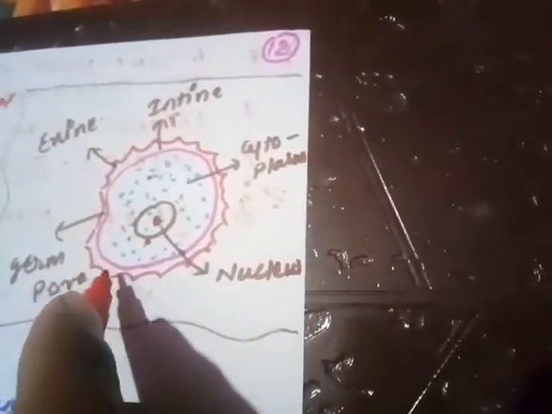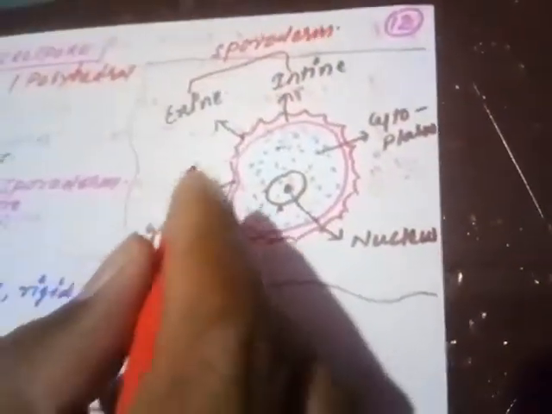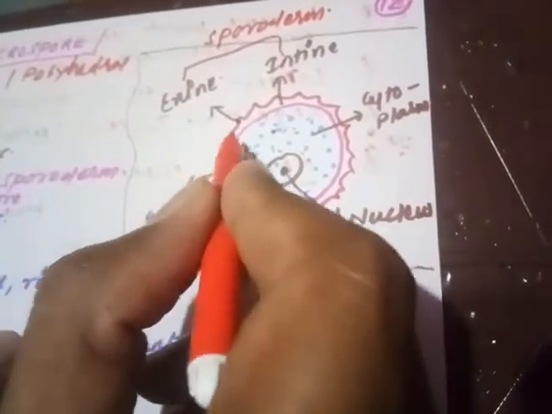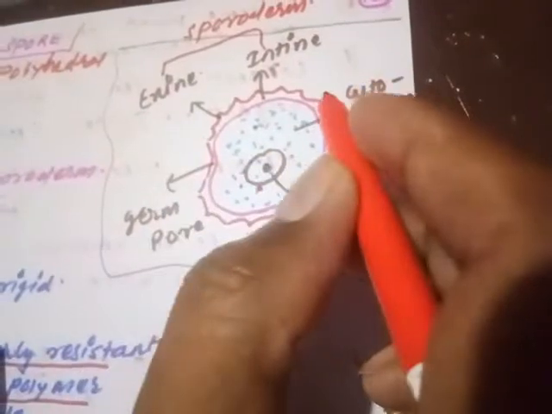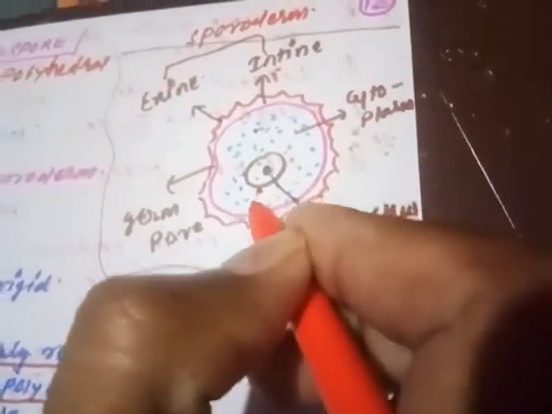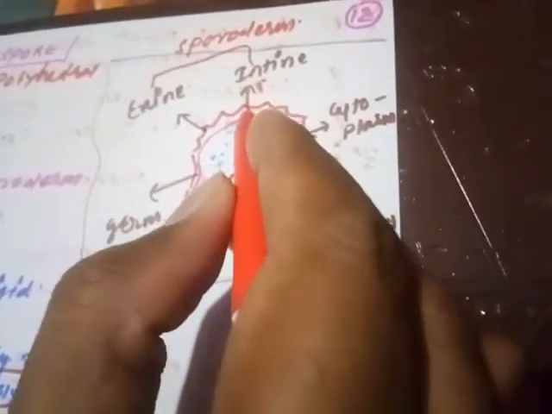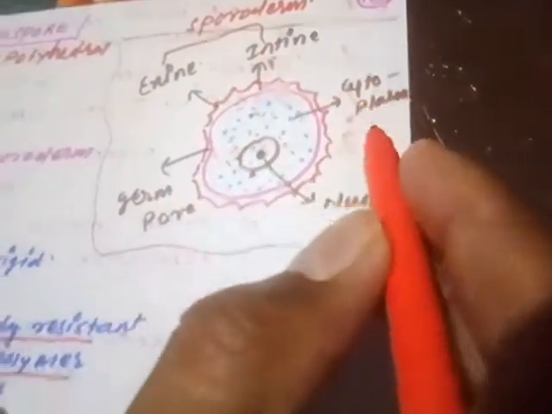Outside, two layers form the sporoderm, meaning exine and intine. Exine is the outer layer, which is variously ornamented; the design and arrangement are different. The inner layer is called intine.